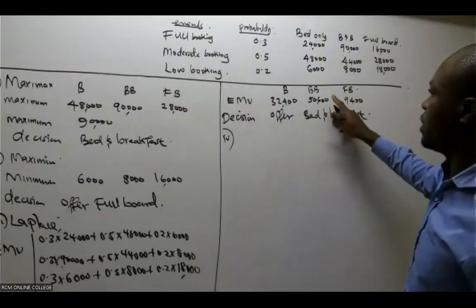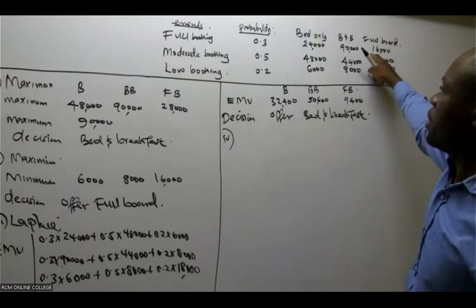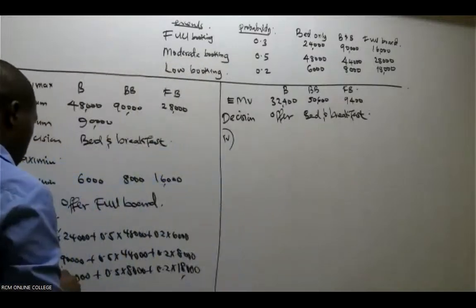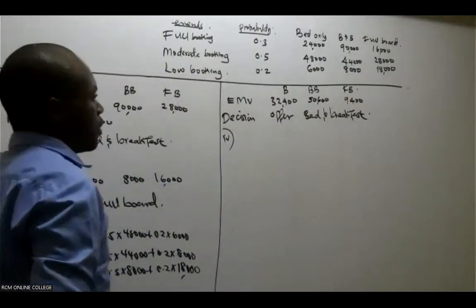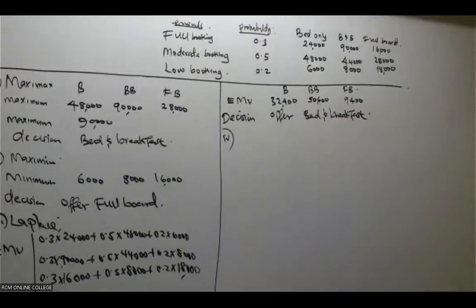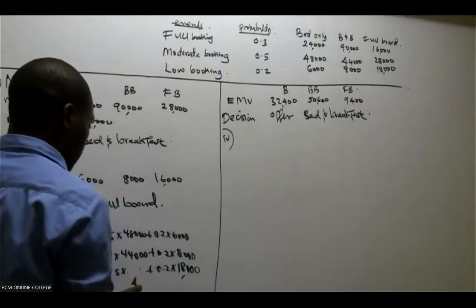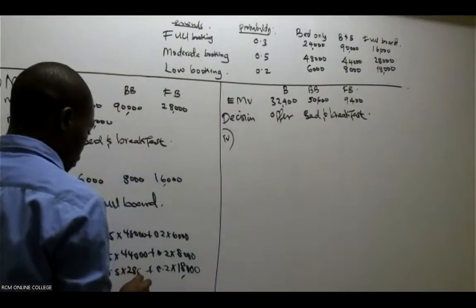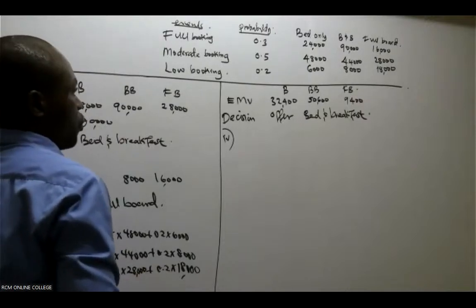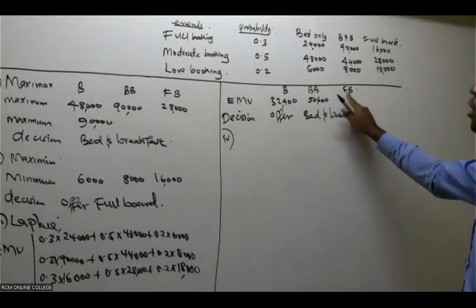Then the last one, 0.3 by 16, not 6. 0.3 by 16, 0.5 by 28, and then 0.2 by 18. So it means this one will actually change.